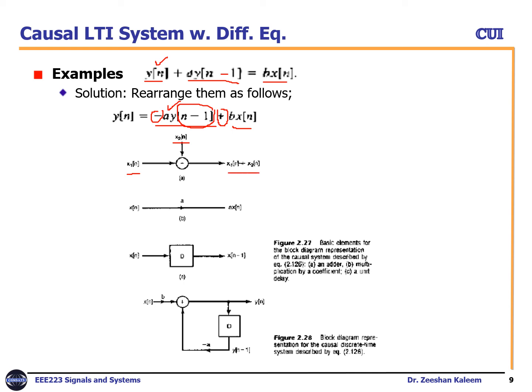And if we have a block with a multiplier, x[n] into a, we get a x[n]. Similarly for b x[n] we can get b x[n], and so on. And for the delay we have a block which implements the delay. If you input x[n] here, you will get the delayed version here, x[n minus 1]. So these are the basic components we need to implement this equation.